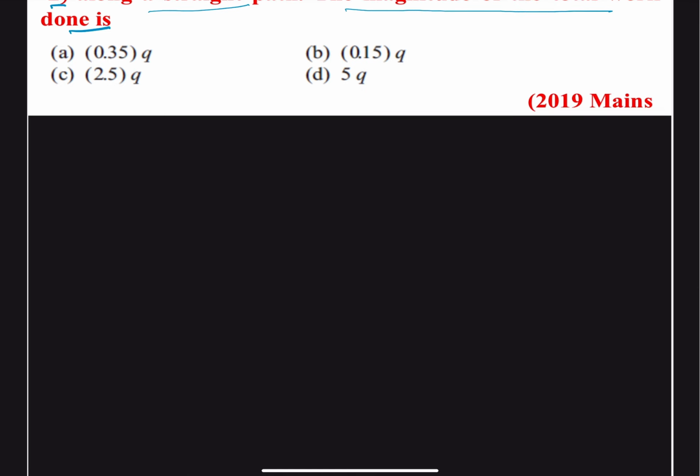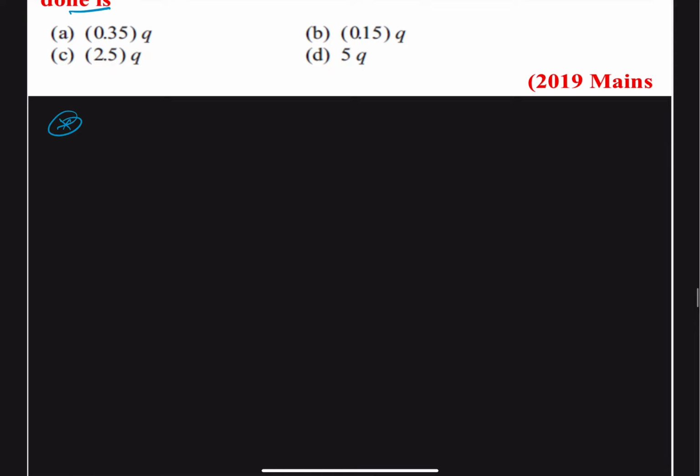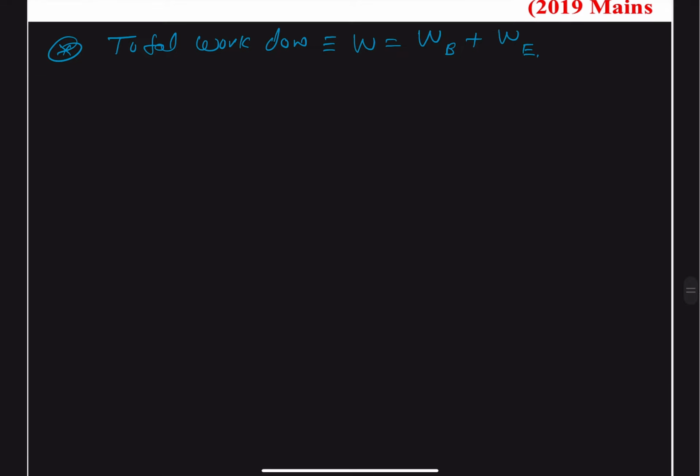So we can say that our total work done W will be equal to work done because of magnetic field plus work done because of the electric field. But work done because of magnetic field is equal to 0.